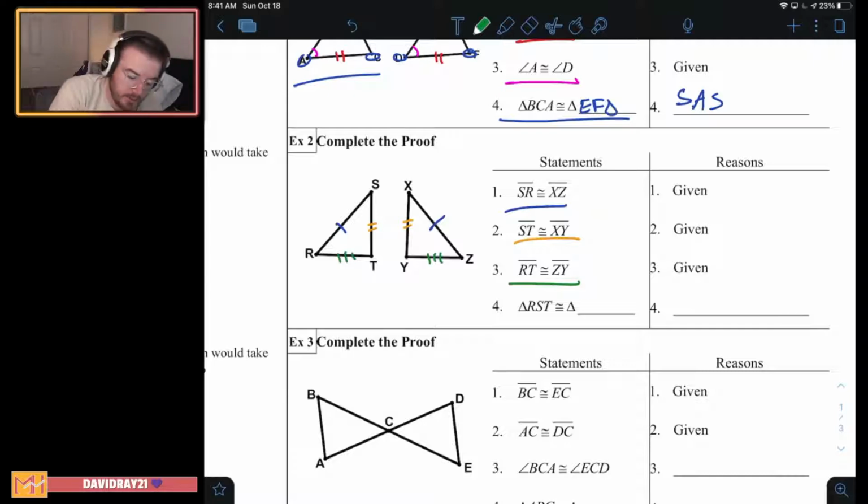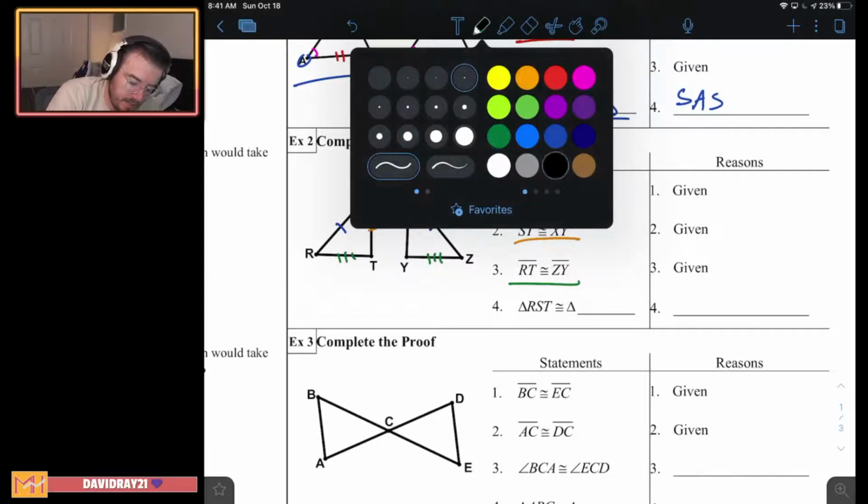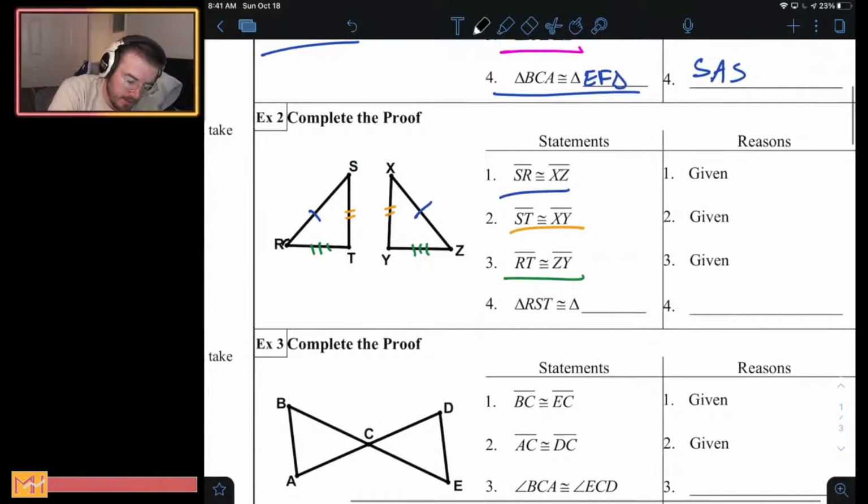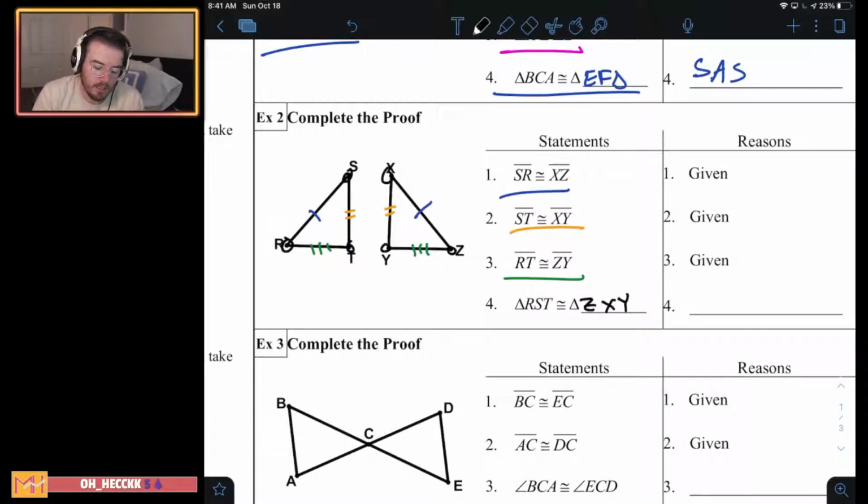Why are these triangles congruent? And what's the correct way to write that statement? R goes with Z, S goes with X, and T goes with Y. Those two triangles are congruent. Why? Well, they're congruent because all three sides are the same. Side, side, side.